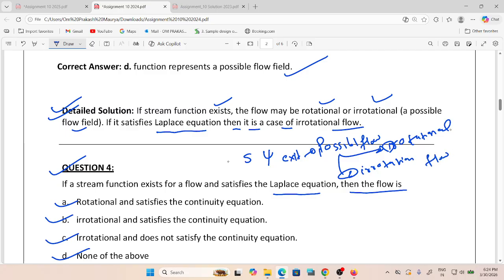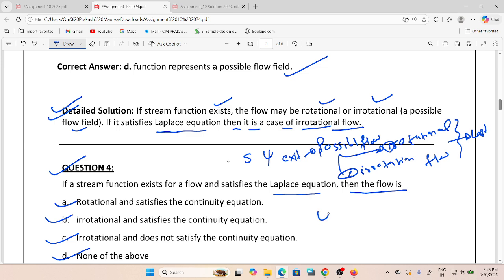Now, if you want to find out particularly where the flow is rotational or irrotational, you have to check one thing also. Whether your function satisfies the Laplace equation or not. If it satisfies the Laplace, then it is irrotational.